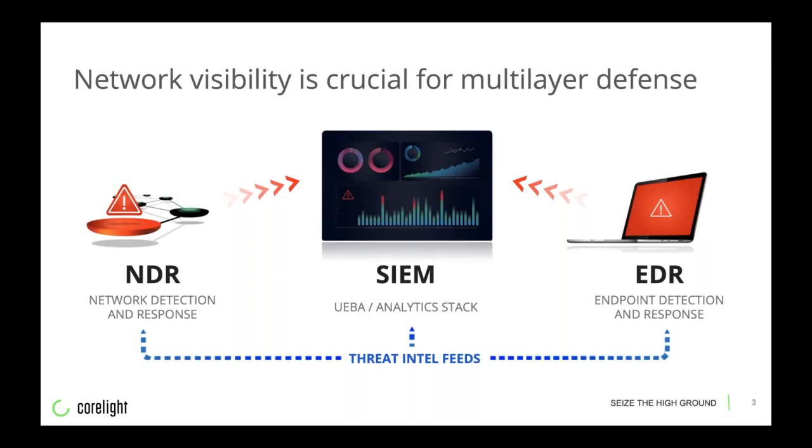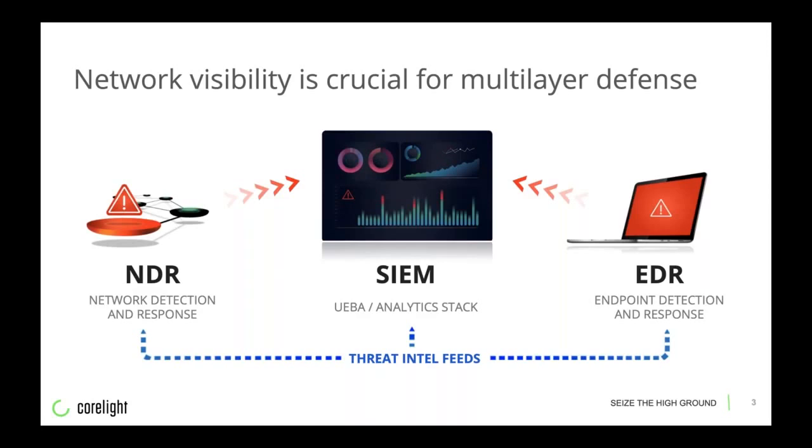Network provides what I like to think of as a high vantage point from where you can get an eagle's eye view of your entire environment. And then obviously the SIEM is the logical place where all these logs get aggregated, all the analytics run, and you go through your use cases, be it incident response or threat hunting.